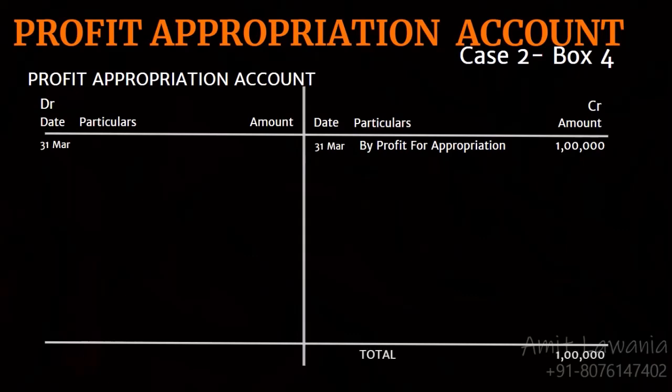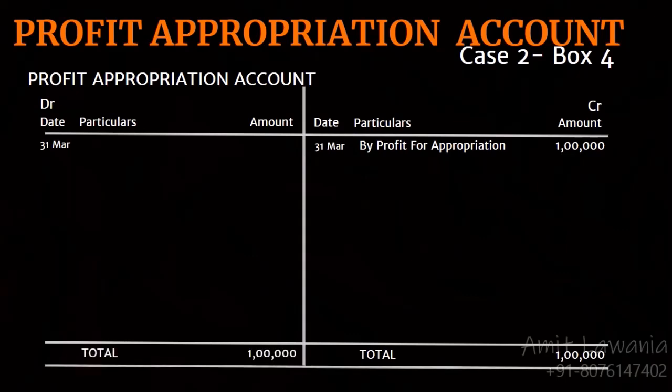We will go to the totals straight away, first on the credit side, then on the debit side, and distribute the full amount among the partners as per the new ratio, which was the equal profit sharing ratio that we calculated on the basis of totals of partners in box 2. So each partner gets rupees 50,000.